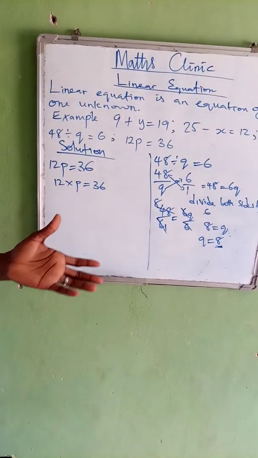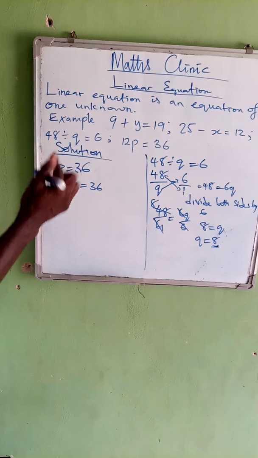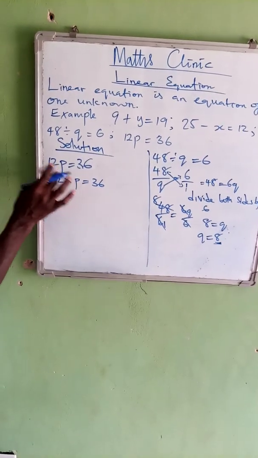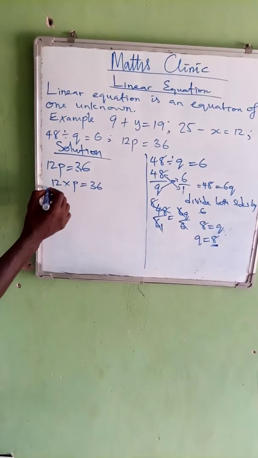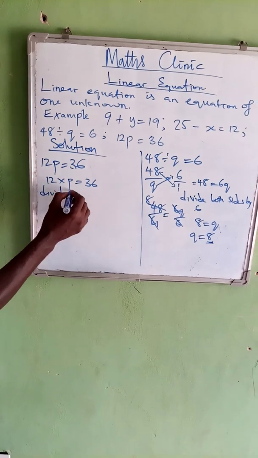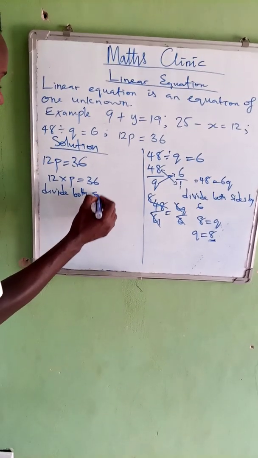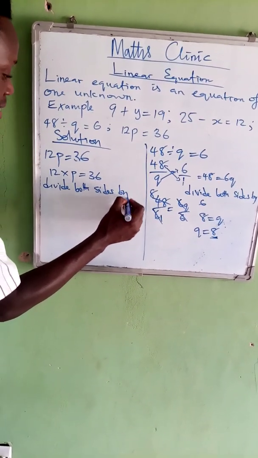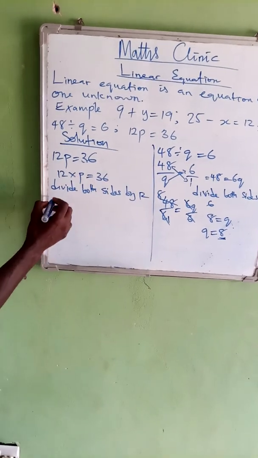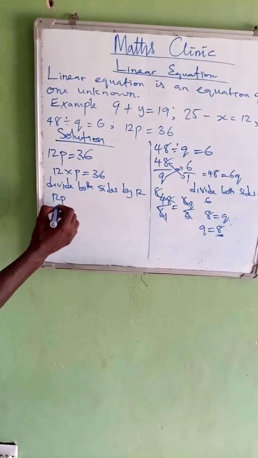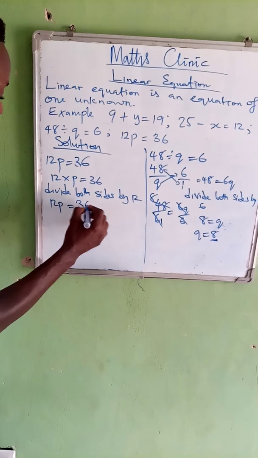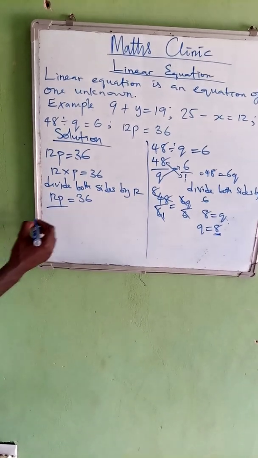So what is the value of p? The value of p can be found by dividing both sides by what? The coefficient of p, which is 12. Now we have 12p equals 36, and both sides are divided by 12.